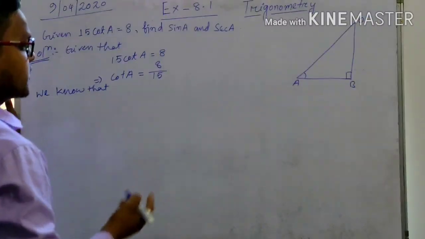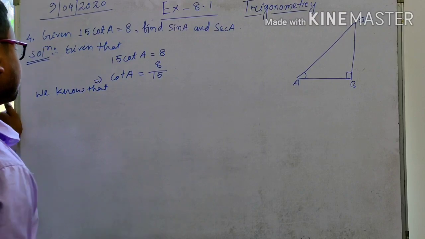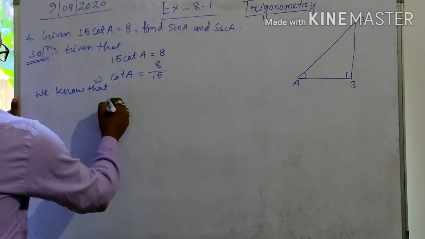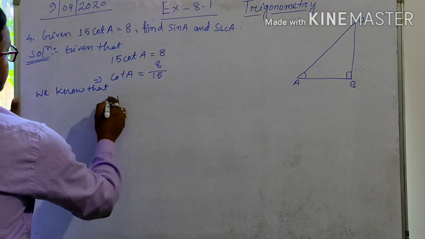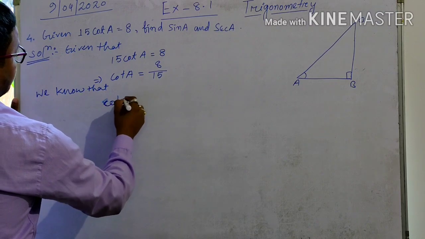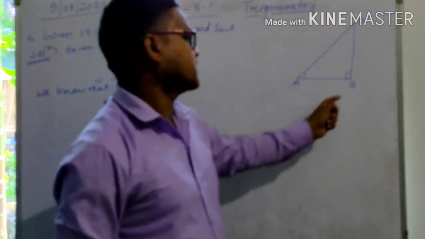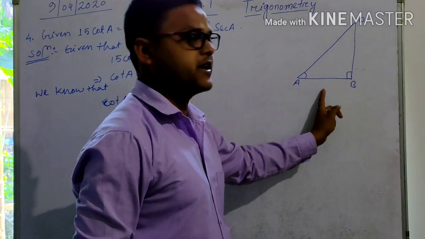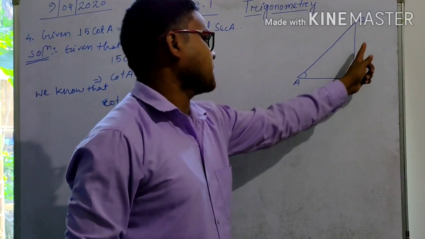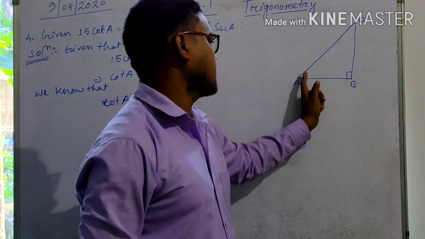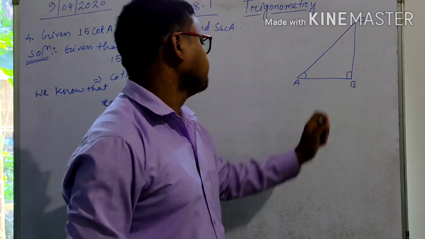According to the trigonometric ratio, what is the relationship between cot A and the sides? Cot A is the opposite of tan A. We know tan A equals perpendicular by base. Here base is AB, because the adjacent side of A is AB.